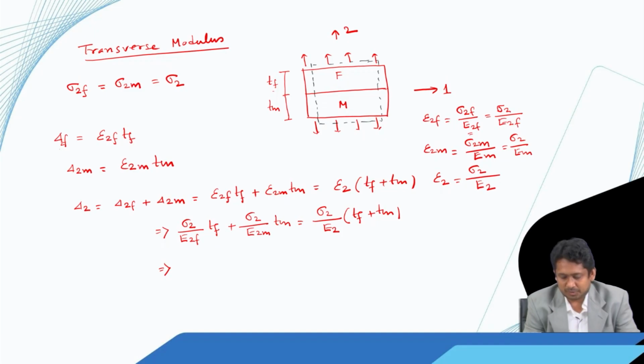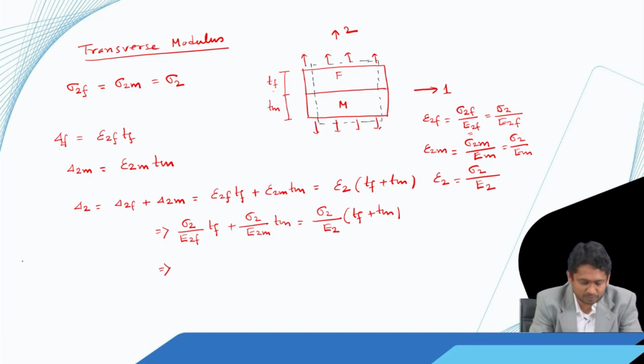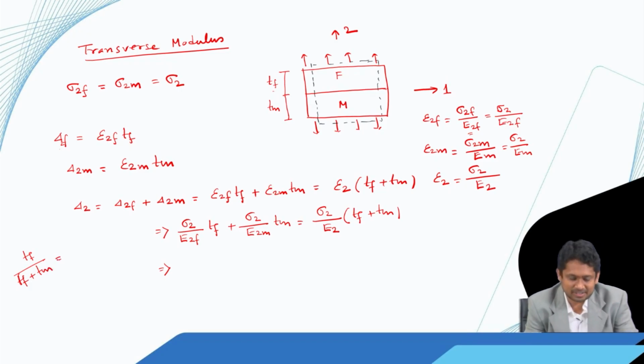Now, we can take this T f plus T m to the denominator, and we will get a quantity like T f divided by T f plus T m.